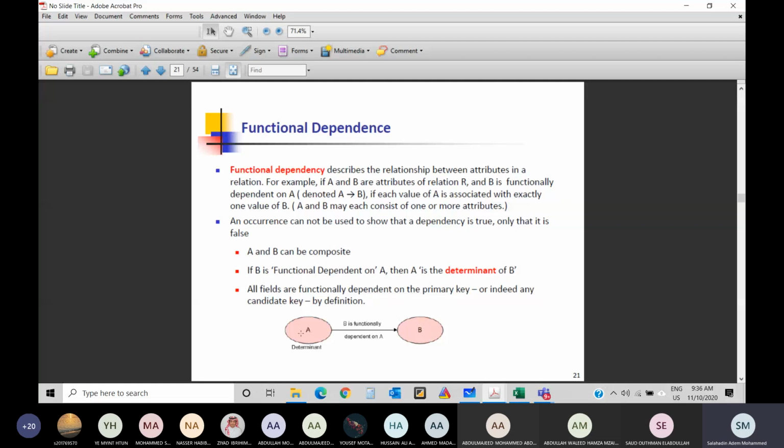Let me repeat again. These are two columns, column A and column B. Now, for every value in column A, there is only one value in column B. If this is true, then we say B is functionally dependent on A. Simply, this is what it means.